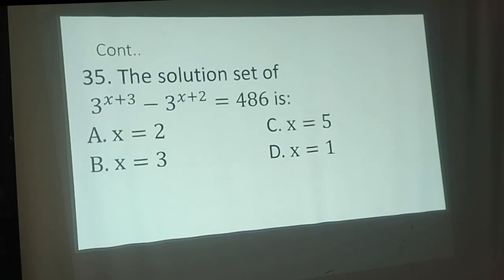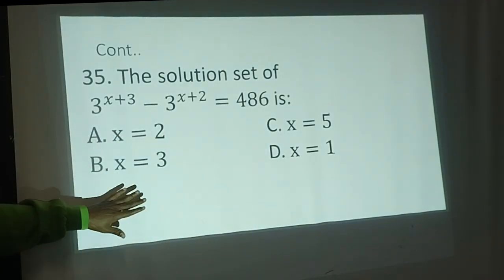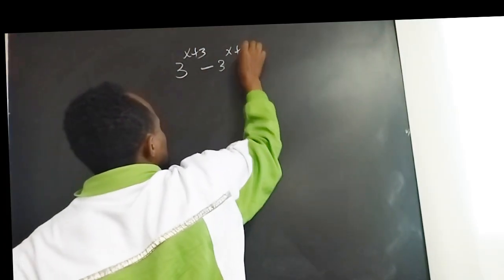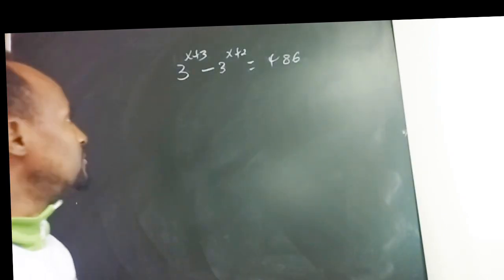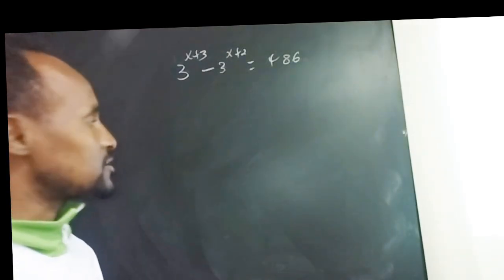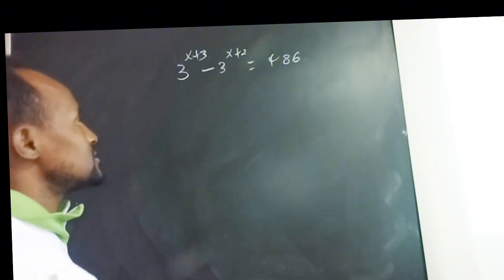The solution set of 3 to the power of x plus 3 minus 3 to the power of x plus 2 equal to 486 is, so this one is the option. Then 3 to the power of x plus 3 minus 3 to the power of x plus 2 equal to 486.